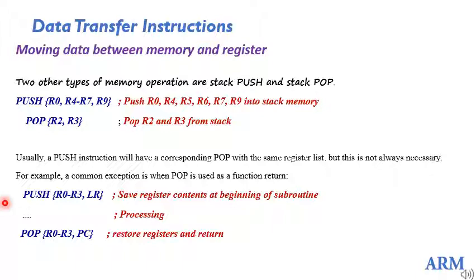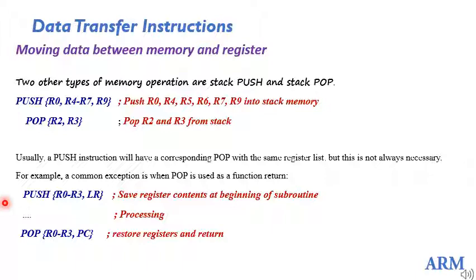That is, first you have pushed R0 and then R1, so in the reverse order, pop should be first pop R1 and then pop R0. So whatever push instruction you have will have a corresponding pop instruction. Whichever registers or data you have pushed, the same thing has to come back to their original places. That is why there should be a corresponding pop with the same register list.